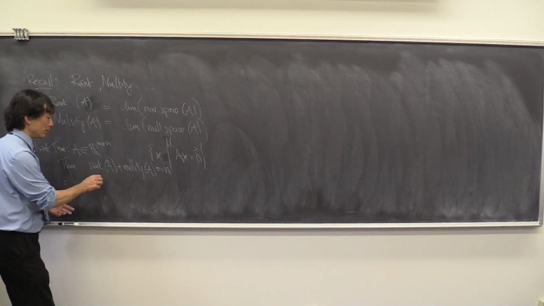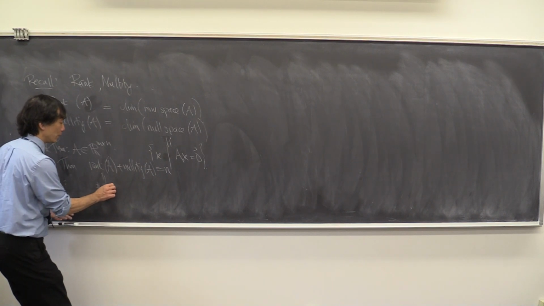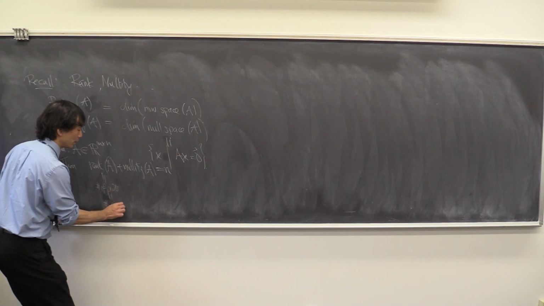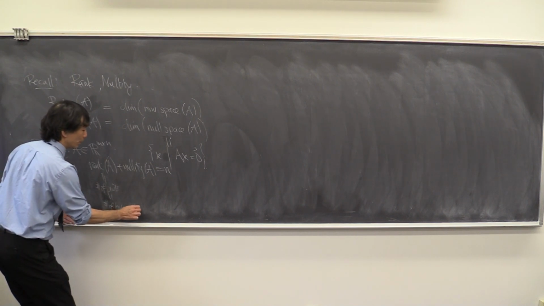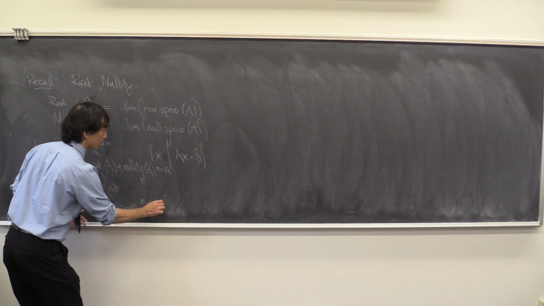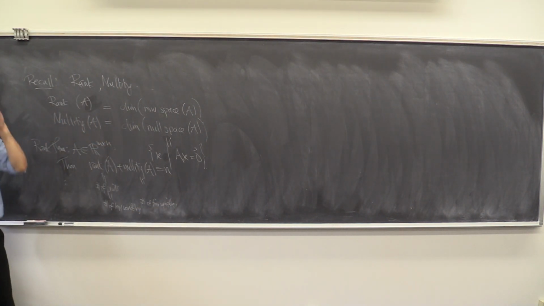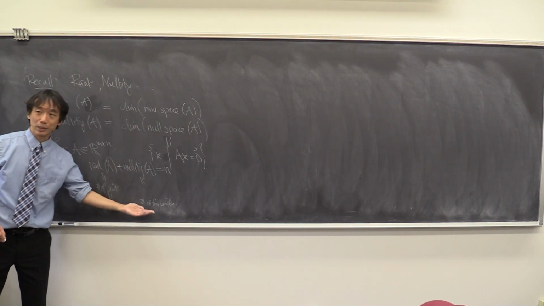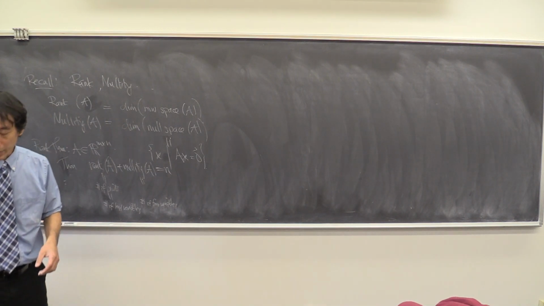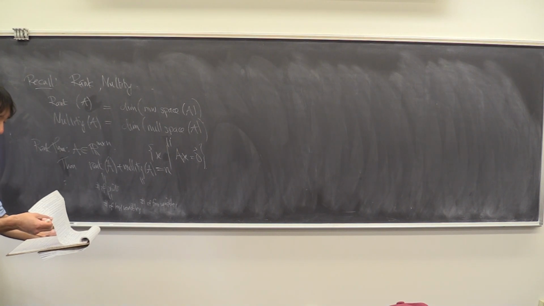The reasoning was that the rank turns out to be the number of pivots, which is the same as the number of lead variables in the corresponding system. And the nullity turns out to be the number of free variables. The number of lead variables plus the number of free variables is the number of variables, which is n. Okay, so that's where we stopped. We did a couple of exercises.